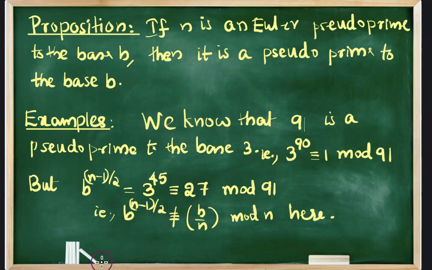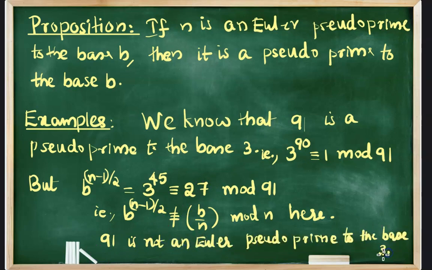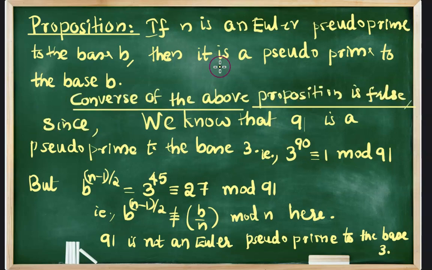So we can say that 91 is not an Euler pseudo prime to the base 3, even though 91 is a pseudo prime to the same base. So we can say that the converse of the above proposition is false. That is, even if n is a pseudo prime to the base b, n need not be an Euler pseudo prime to the same base.